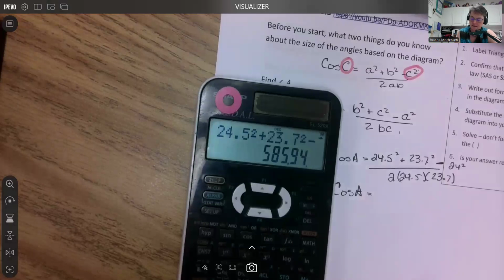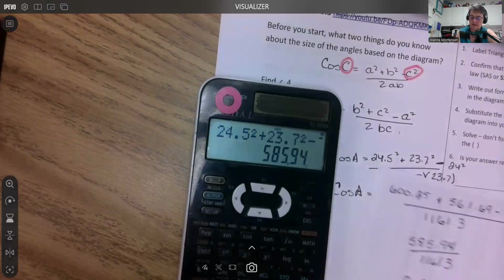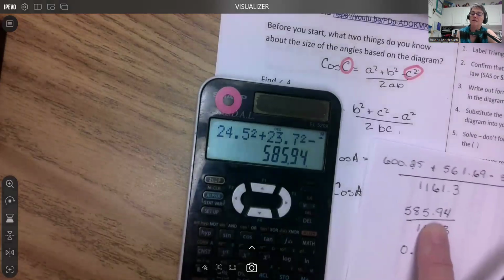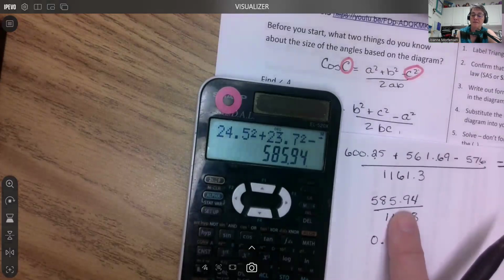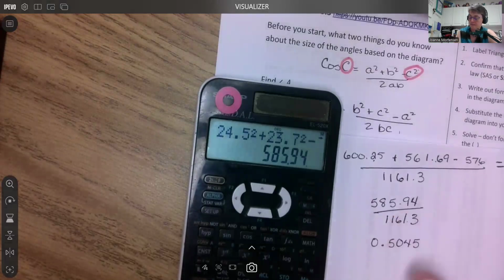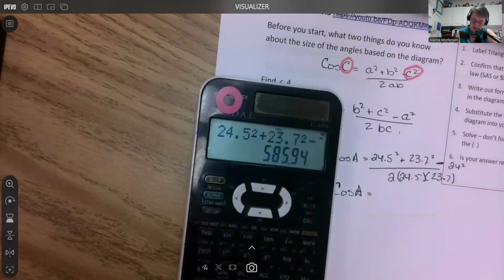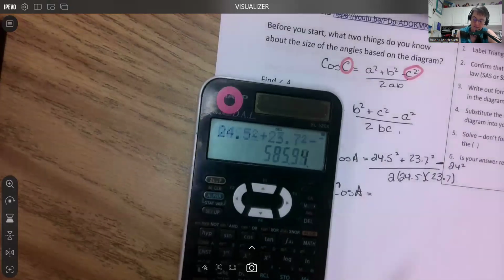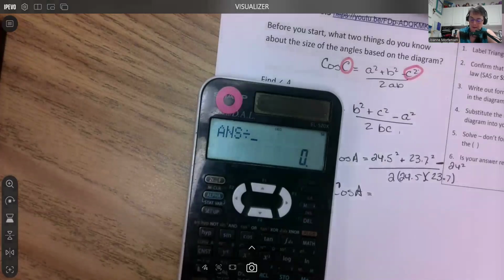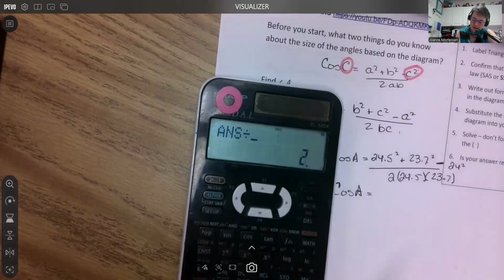All right, yes, that's what I got the first time when I did it step by step, old school. Okay. So I think I hit the equals. Yes, I did. Now I'm going to go divide by, and I used brackets when I solved it, but I think it should be okay. 2 times 24.5 times 23.7.